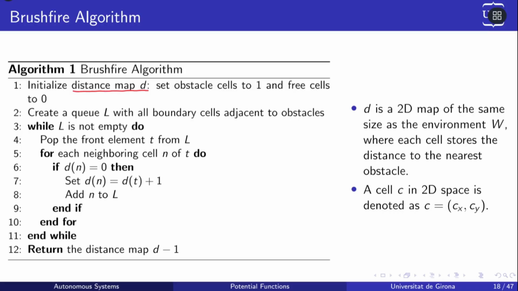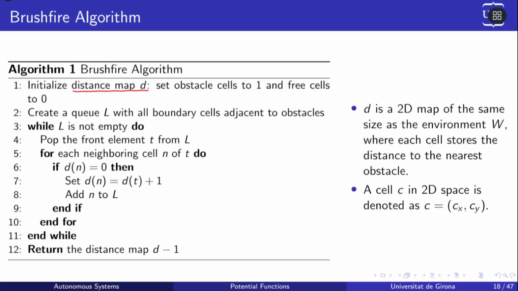I have a list of obstacles. I don't know how the obstacles will be generated. Here, the map, the world, will be defined again as a grid in which we will have zeros maybe for free space and 1 for obstacles or something like that. Then we will set obstacle cells to 1 and free cells to 0.